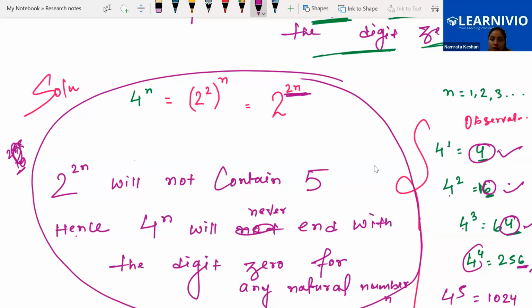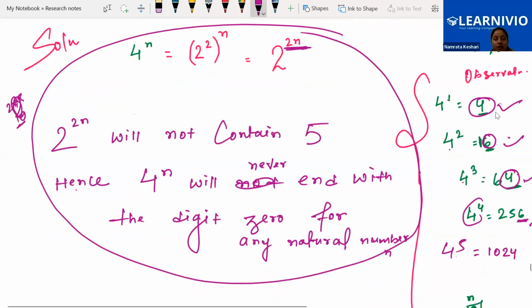Here is the observation I was talking about. 4 to the power 1, end digit is 4. 4 to the power 2, end digit is 6. 4 to the power 3, end digit is 4. 4 to the power 4, end digit is 6. And again 4 to the power 5, end digit is 4. Can you see it is 4, 6, 4, 6, 4, 6? It will always be 4, 6. It will never be 0.